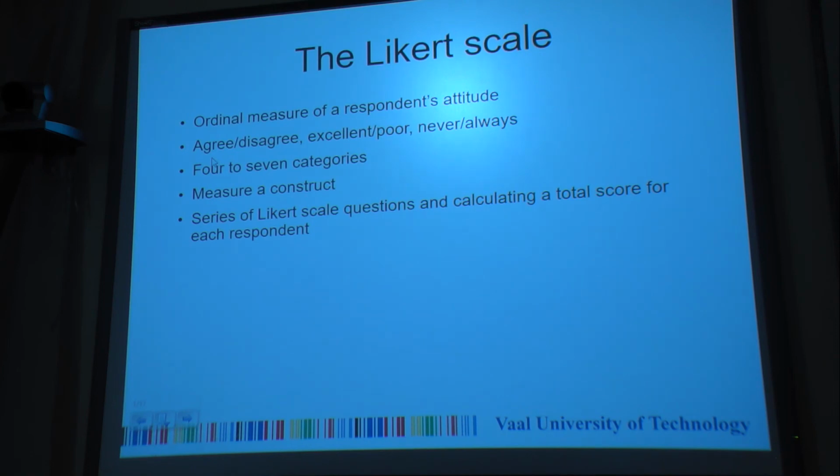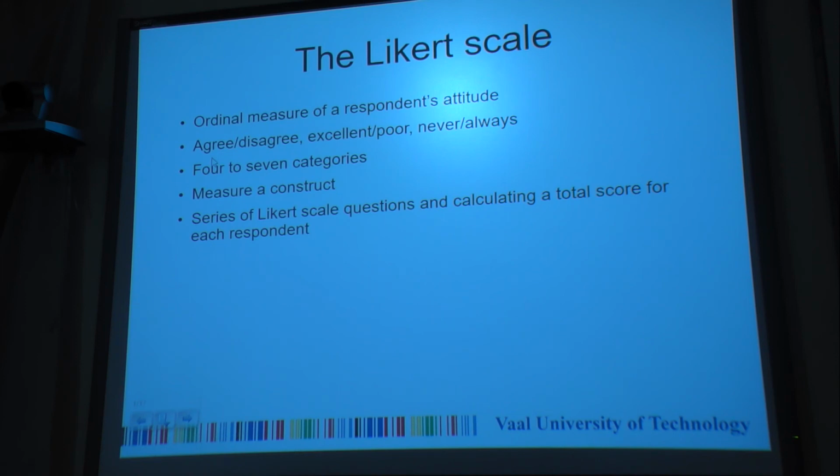I don't want to go through the Likert scale again because we've done that yesterday as well. Just briefly, the Likert scale is the scale on which the respondent can choose on a 5-point or on a 7-point Likert scale. If I give you the statement, I feel positive about VUT, you have to agree on a Likert scale.